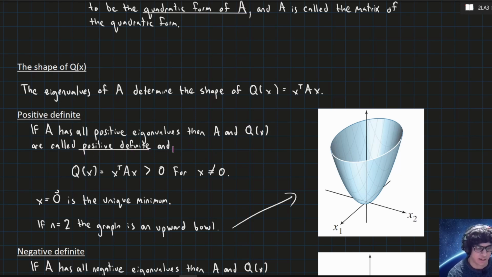And what that means, equivalently, is that the quadratic form is going to be positive, with the exception of the origin, x equals 0. So here's a graph of a quadratic form when n equals 2.